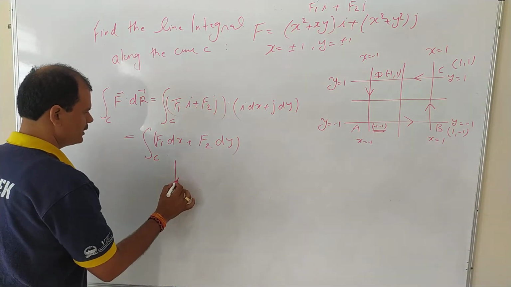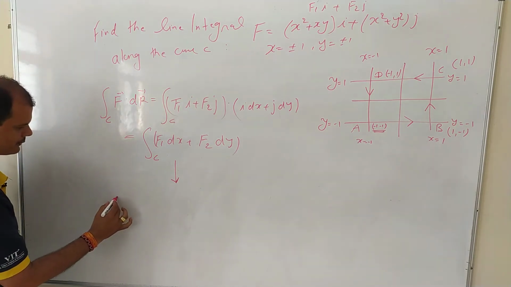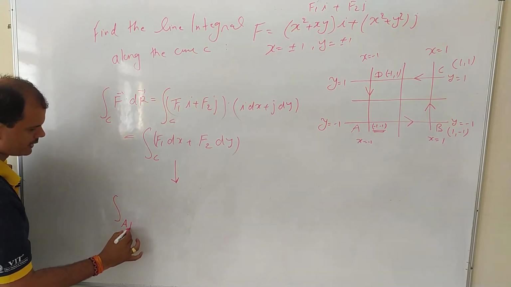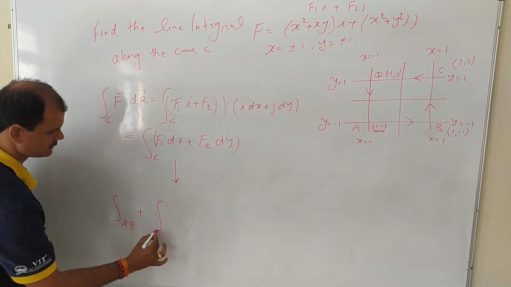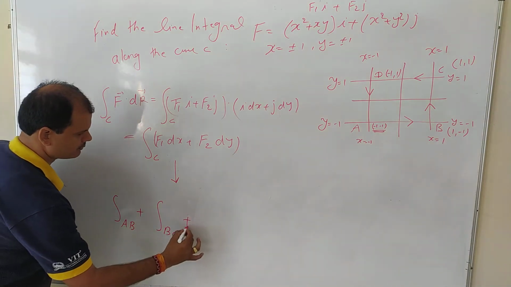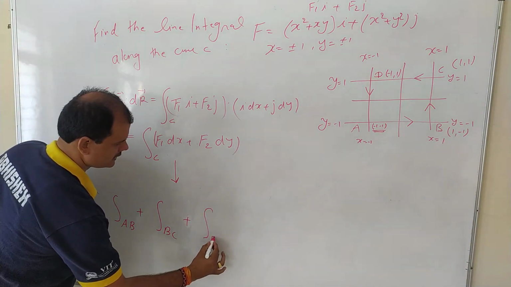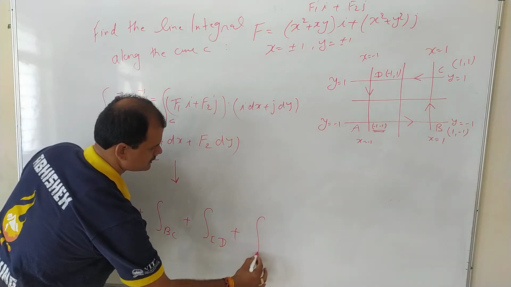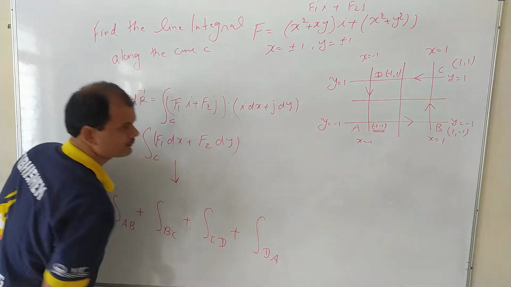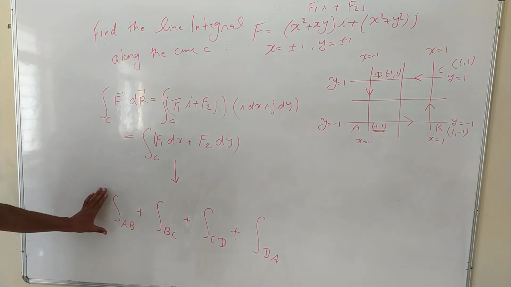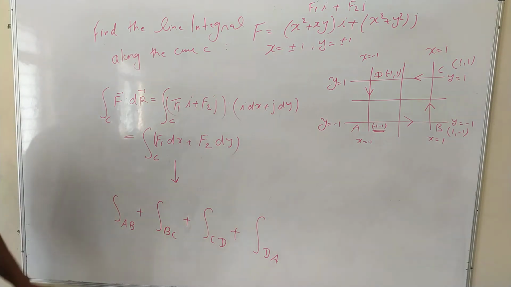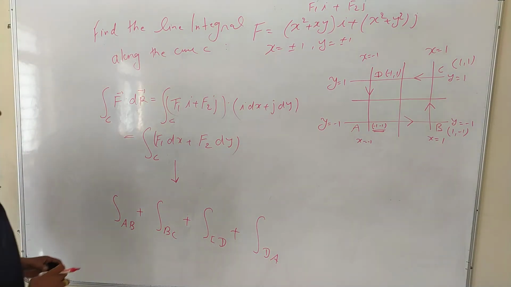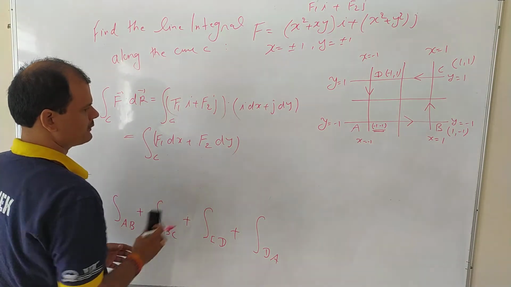So the integral along c will be the sum of AB plus BC plus CD plus DA. So we need to find the 4 integrals. Let us see one by one how to find them. So what is this f1 dx plus f2 dy?